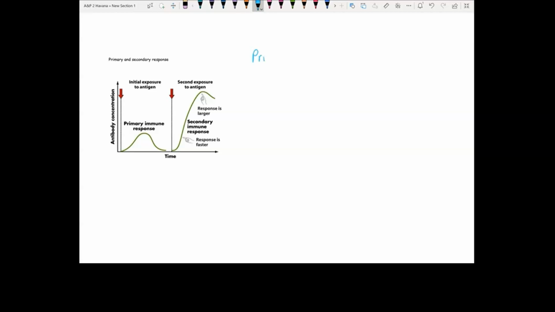So a primary response is the first encounter with that pathogen. Okay, this is when you get sick. This is a brand new pathogen to your body. Your immune system has to go through the 3 steps.